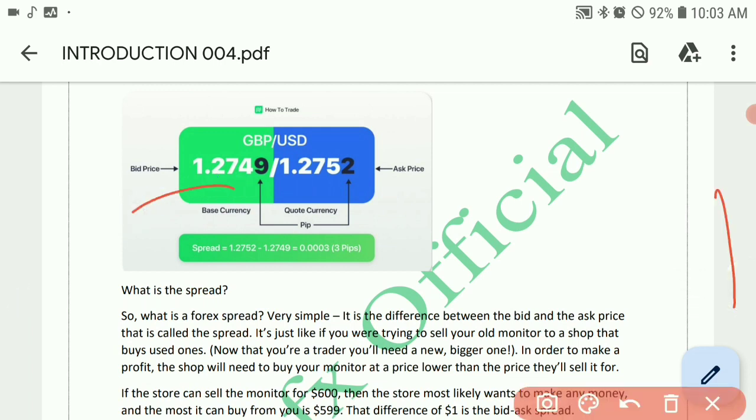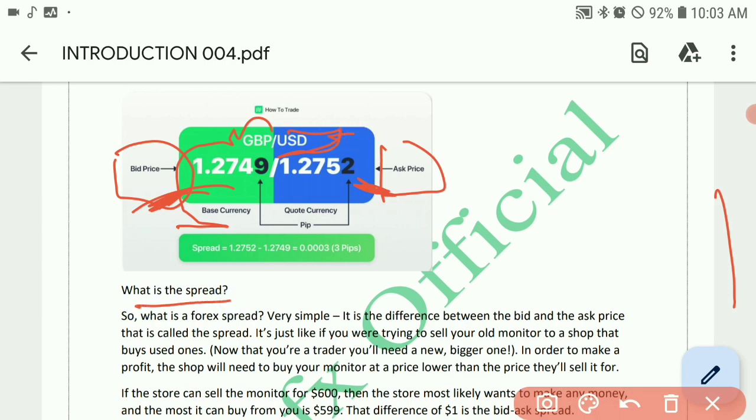Can you see? This is the bid price, while this is the ask price, the price you are willing to buy, the price you are willing to sell. And it's also called base currency. The base currency is this GBP, while the secondary currency is USD.